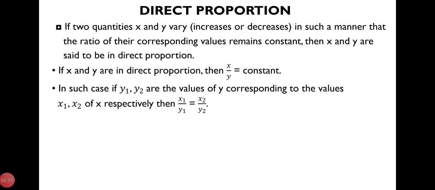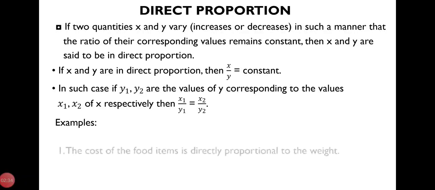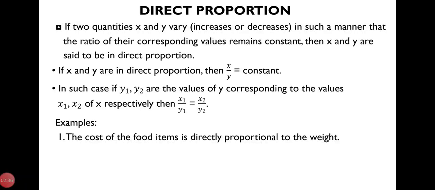Let us see some examples of direct proportion in our day-to-day life. Let us recall some examples where if one quantity is increasing, the other will increase, and if one quantity is decreasing, the other will decrease. So the first example is the cost of food items is directly proportional to the weight.